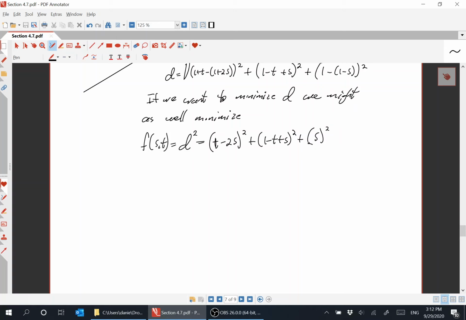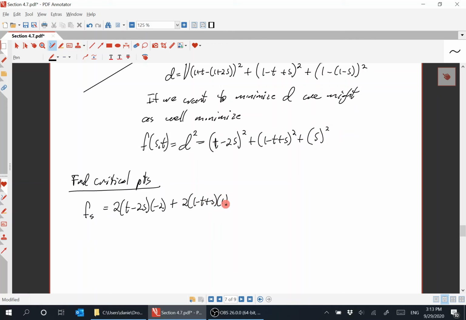Okay, so we're looking for the critical points. So the derivative of f with respect to s is equal to 2 times (t minus 2s) times minus 2, plus 2 times (1 minus t plus s) times 1 plus 2s. Right, so no need to evaluate squares there.